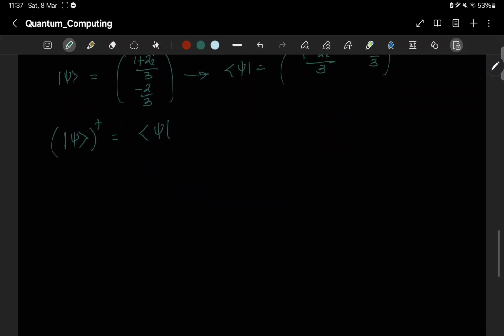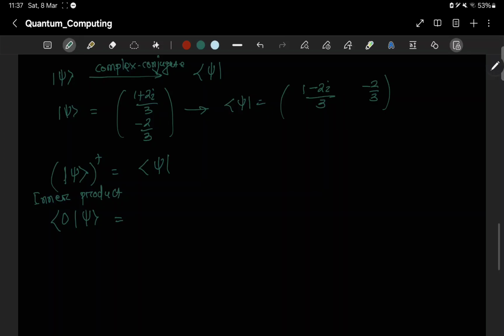So let's say we have a quantum state psi, and we want to know the coefficient associated with the zero state. So we do something called an inner product. Then we can get the coefficient of the zero state. So let's see how we get it. So the zero bra will be taken in an inner product with the psi state. It is (1 plus 2i)/3 times the zero ket plus minus 2/3 times the one ket, right?